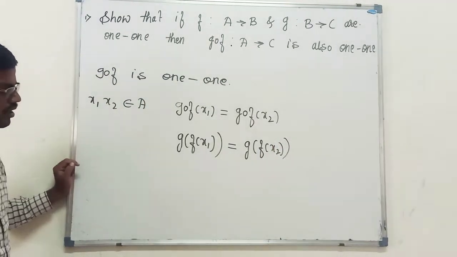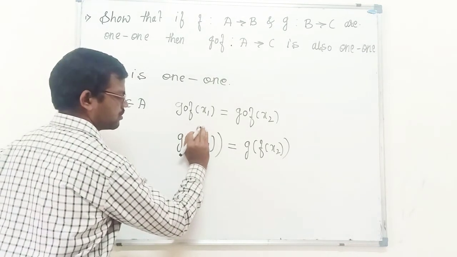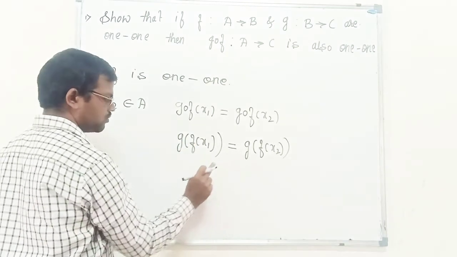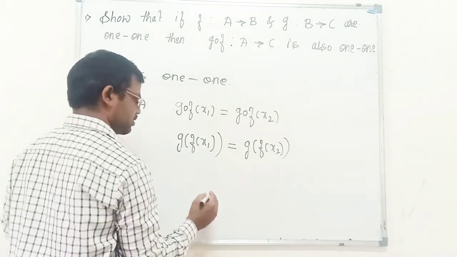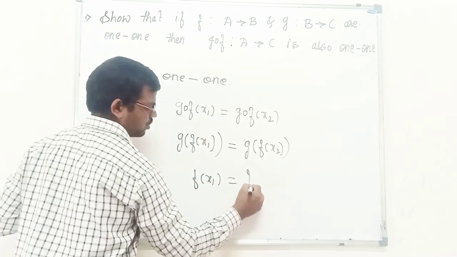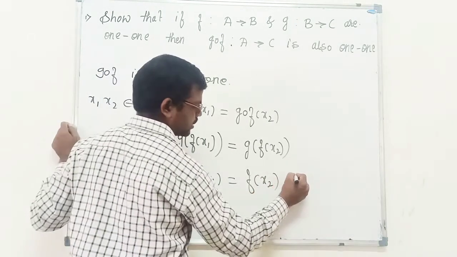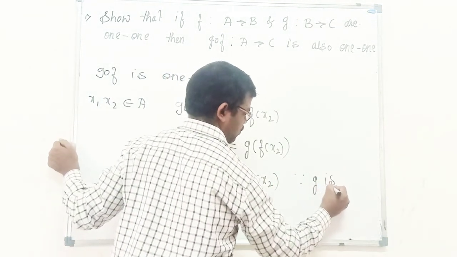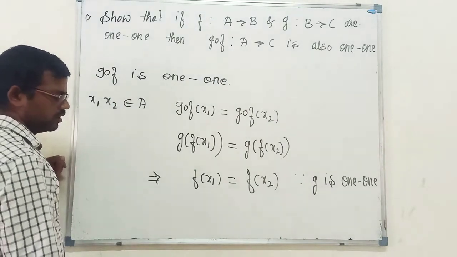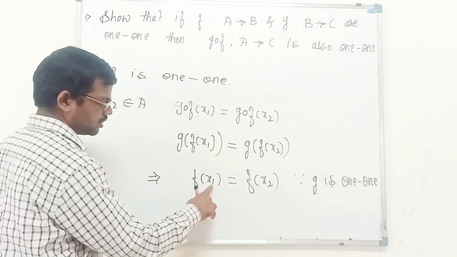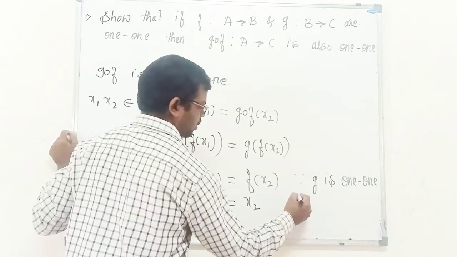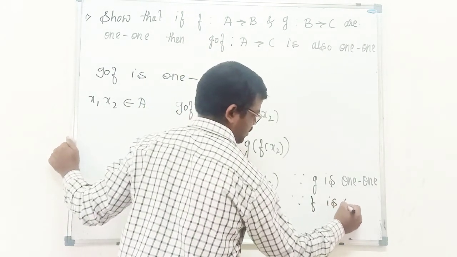Since g is 1-1, equal images imply equal elements, so f of x1 is equal to f of x2, because g is 1-1. Next, f of x1 equal to f of x2 implies x1 equals x2, because f is 1-1.